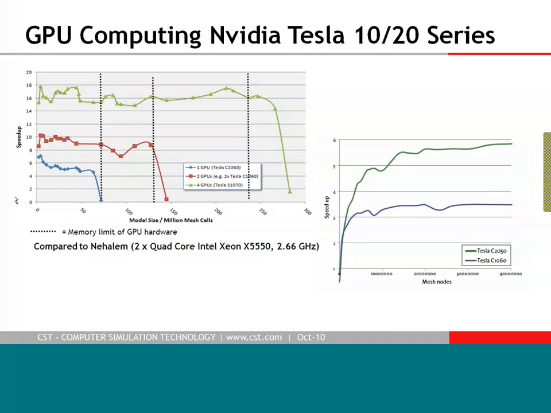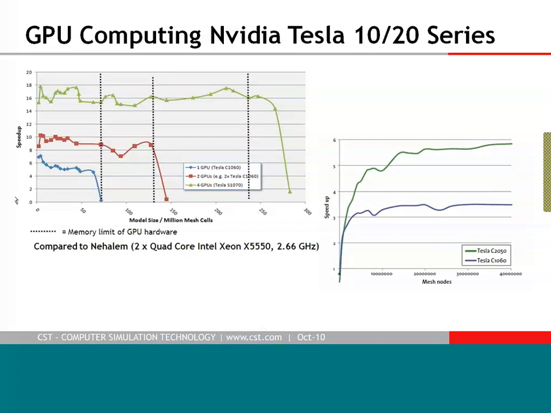So you can see that if you have one of these GPUs, you can speed up by a factor of 6 to 8. It depends, of course, on the dimension. So not 6 to 8%, 6 to 8 times faster. If you double the number of GPUs, you can go up to 10 and even 15, 16.